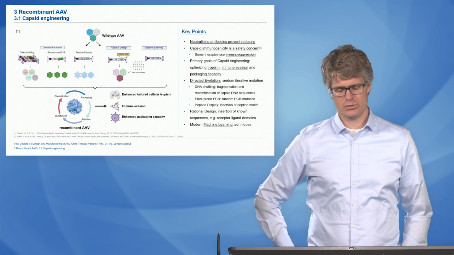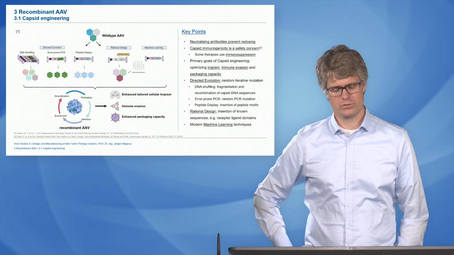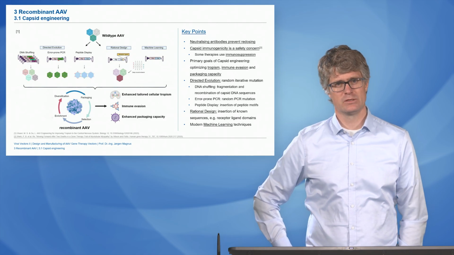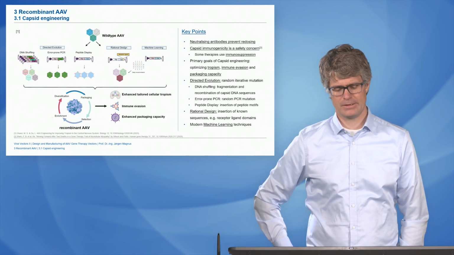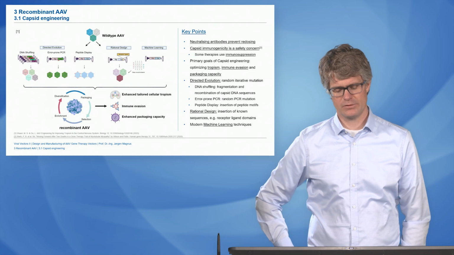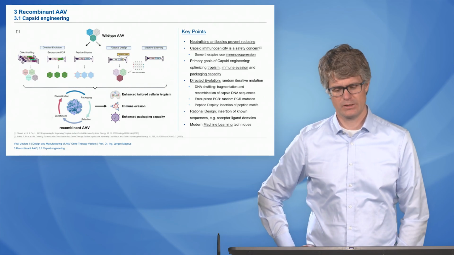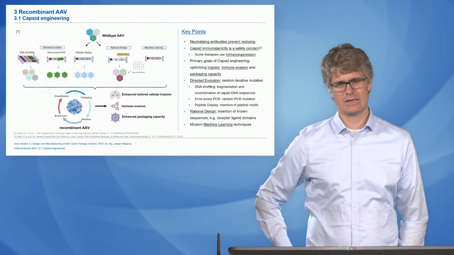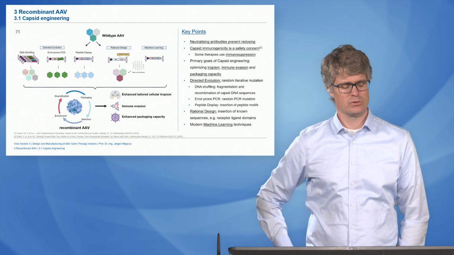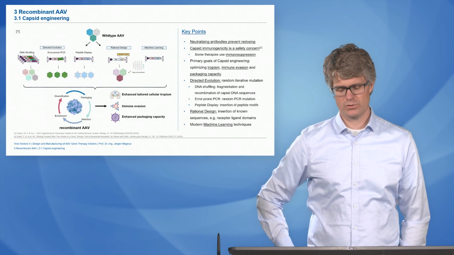On the other hand, you also do immunosuppression during the treatments, and there can be different ways of doing this. One strategy is to cleave the neutralizing antibodies, or you can use corticosteroids for immunosuppression.